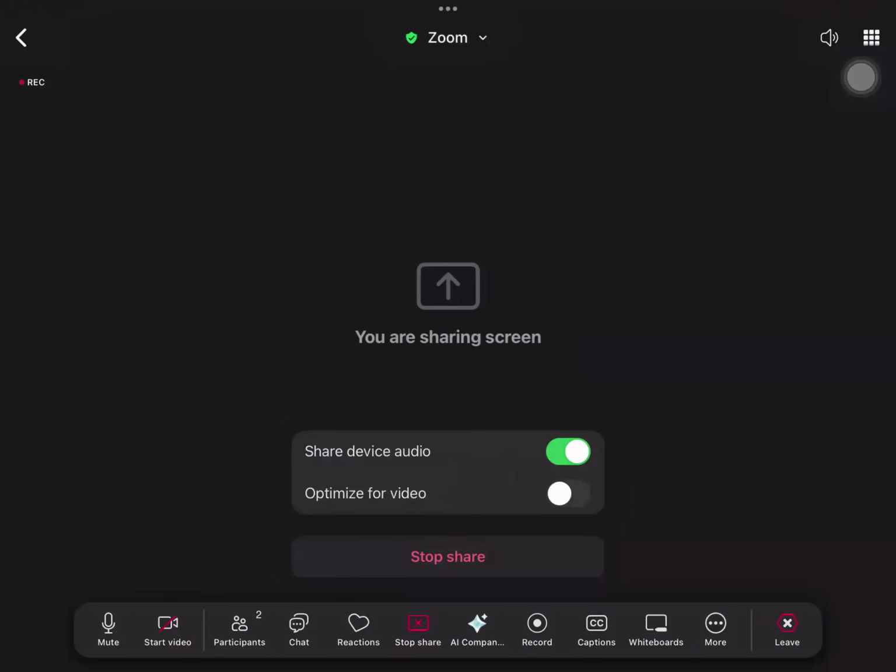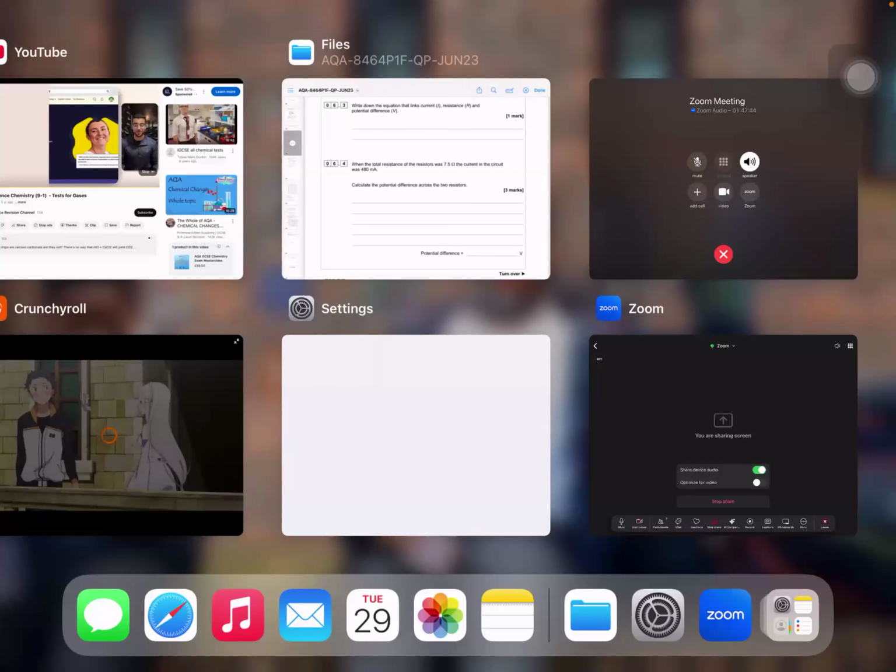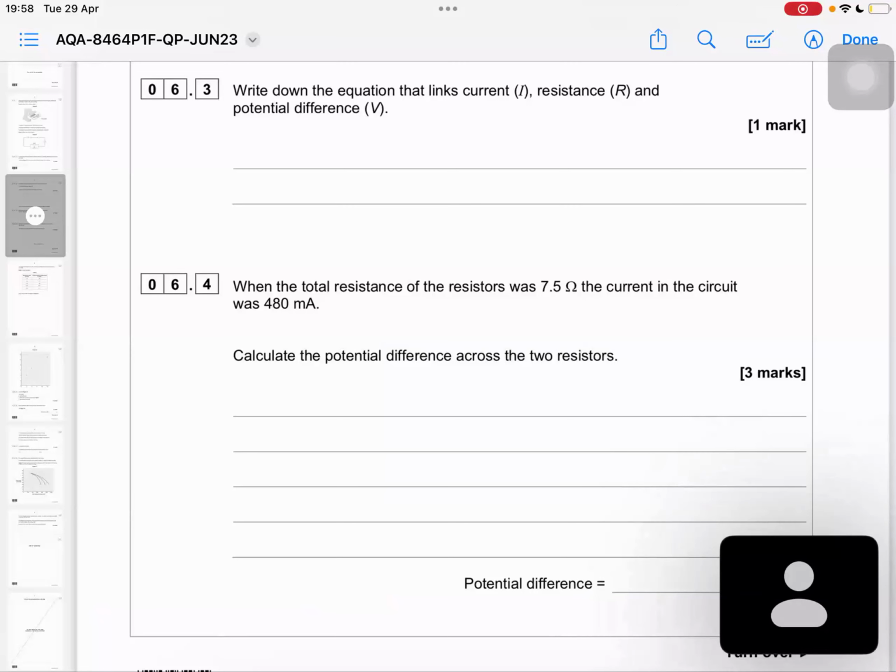Okay, that's for current. Then the resistance, I think, did they say 15? I'm not too sure. Okay, the resistance is 7.5. So 7.5 times 0.48, what do you have? 3.6.